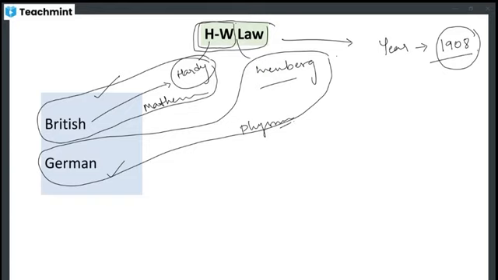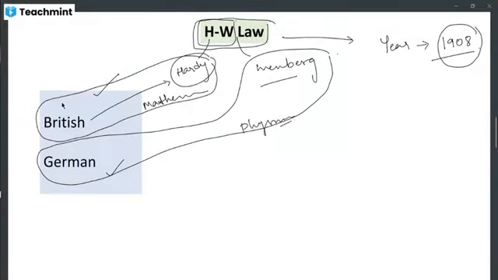So how do you define the Hardy-Weinberg law? You see, this is the important understanding. How would you define the Hardy-Weinberg law? Anyone? See, the Hardy-Weinberg law defines that in a large random mating population. Okay, as we discussed in the initial slides, the population should be randomly mating.